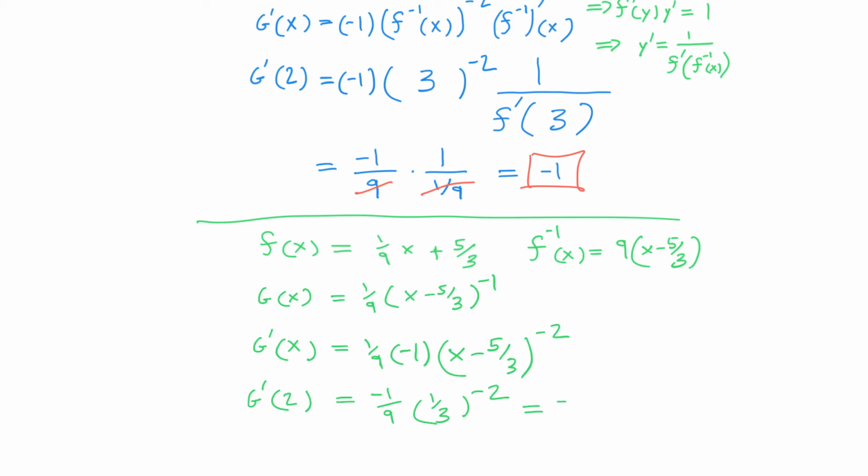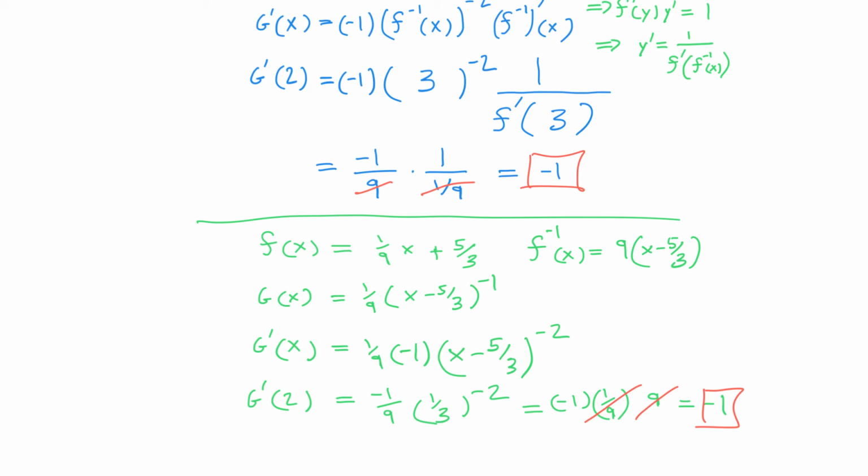We'd have minus 1 multiplied by 1/9, and then 1/3 to the power minus 3. Minus means that we have to take the reciprocal and to the power 2. So we'd have a 9 on the top, and again we get those 9s canceling out. And our result, we kind of knew that this should happen. If everything went correctly, we also got minus 1 in our example.